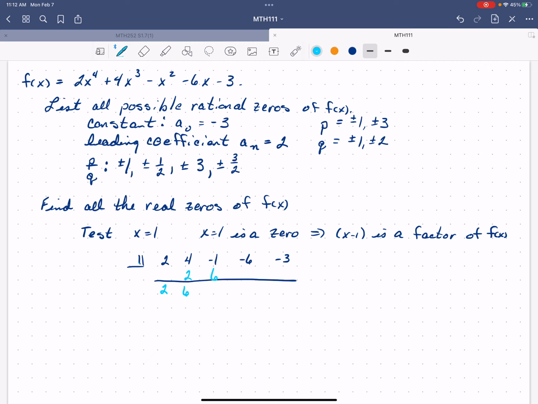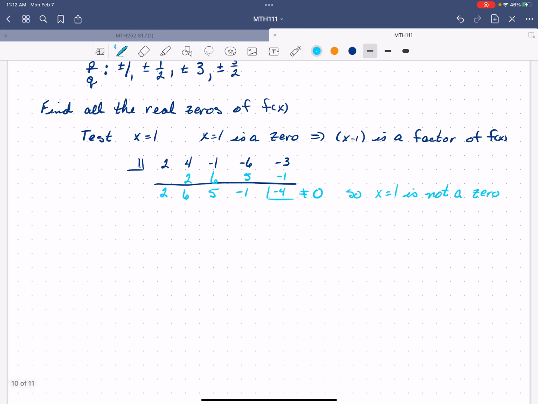Negative 1 plus 6 is 5. 1 times 5 is 5. Negative 6 plus 5 is negative 1, and I get a remainder of negative 4. Negative 4 does not equal 0, so 1 is not a 0. Let's just keep going through my list.